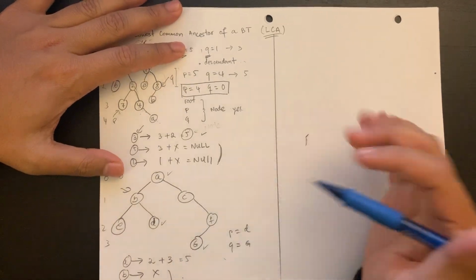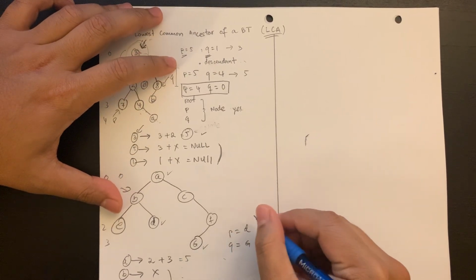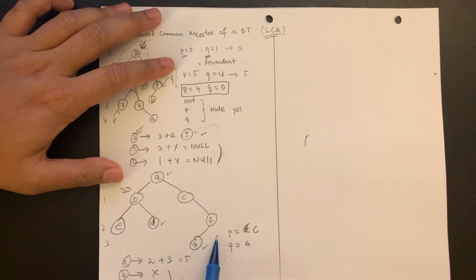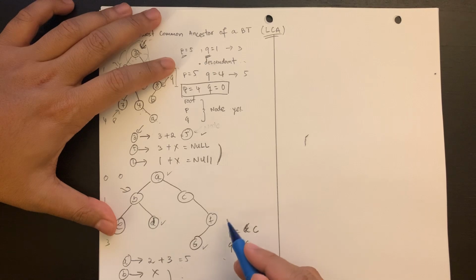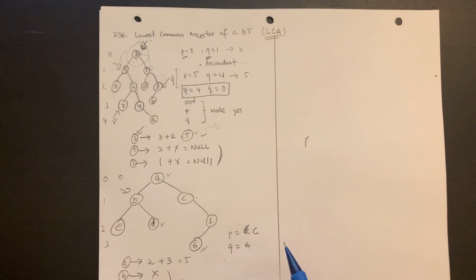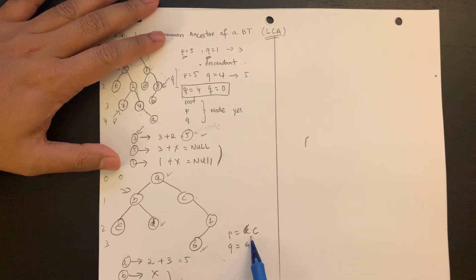So how about the case when, let's say our P is C and this is G. So we look at A, and we can find our P and our G. And then we look at B, we couldn't find it.